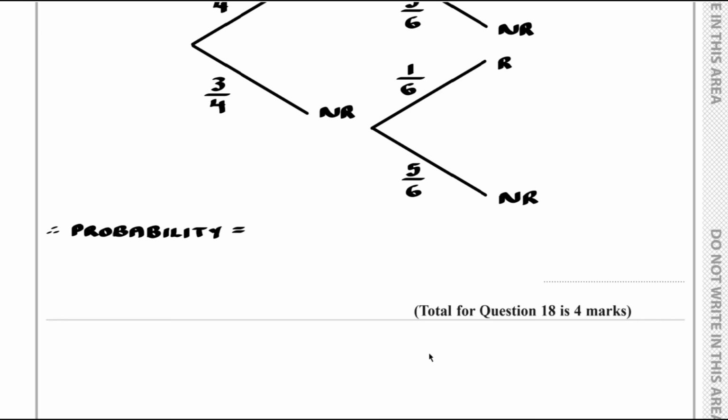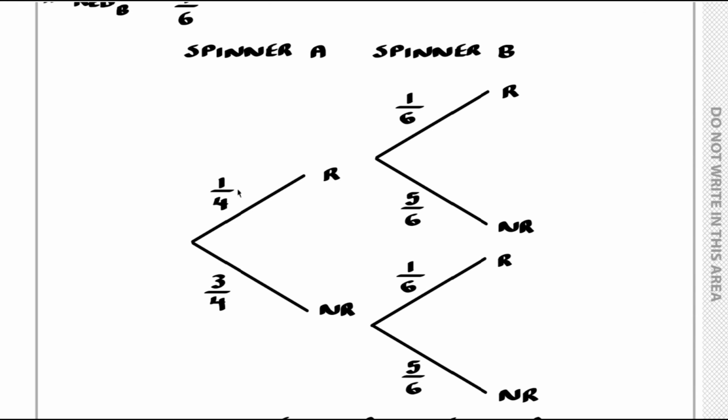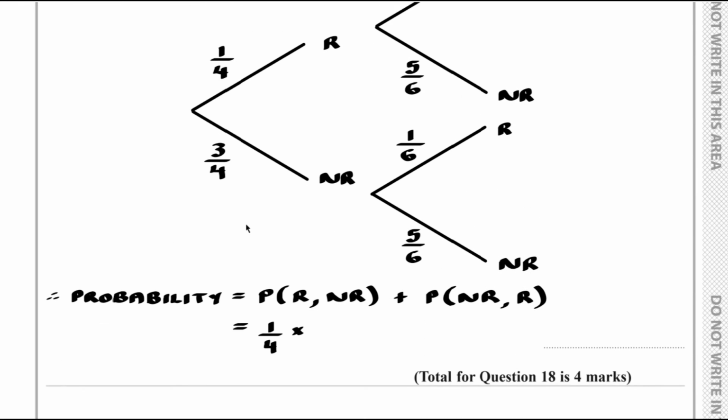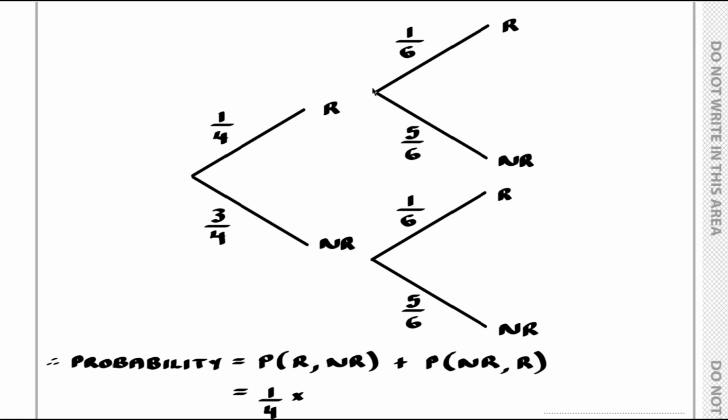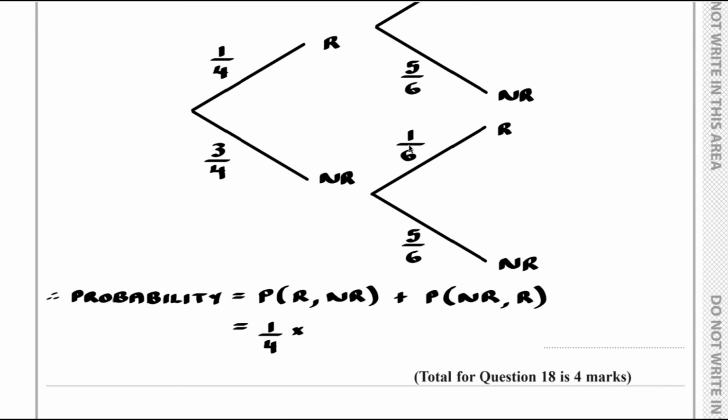So the probability we require is one spinner lands on red and the other does not land on red. So that is red followed by not red plus not red followed by red. So probability of red, that's 1/4, multiplied by probability of not red, that's 5/6.